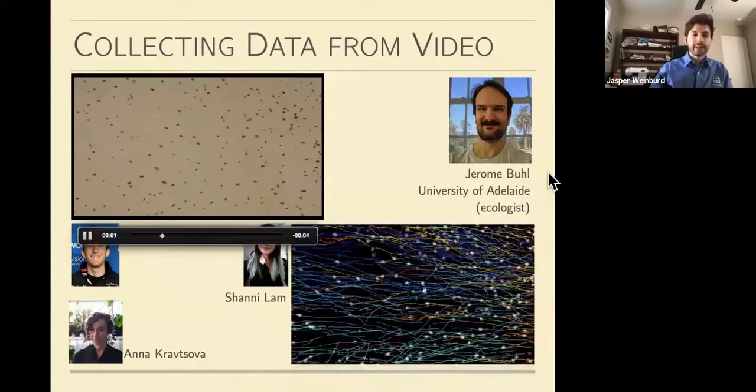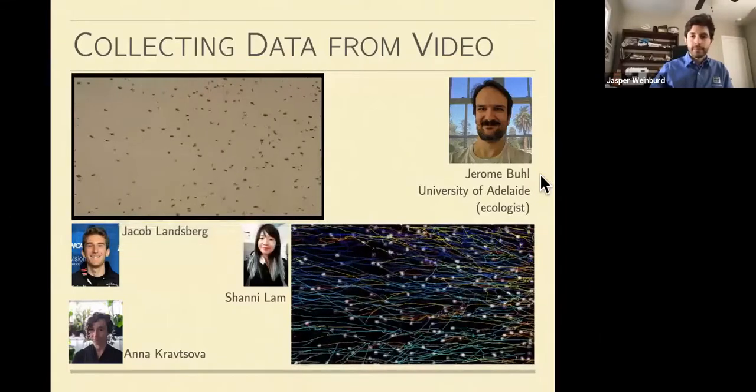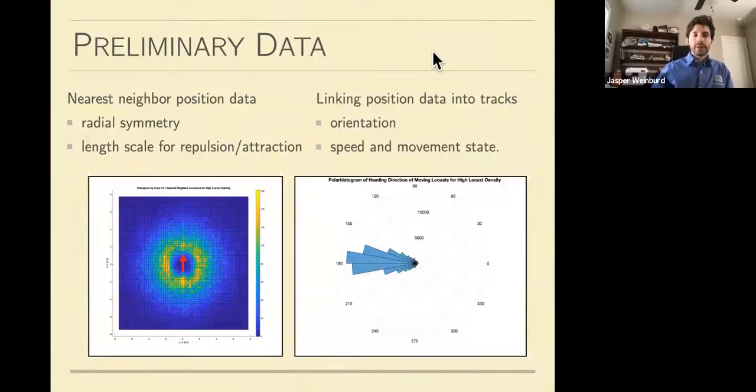So these are our preliminary results at the moment. Basically, we look at two different types of data. One is just the position of each locust in each frame. And that gives us this really nice radial symmetry and a certain length scale for the repulsion and the attractive terms.